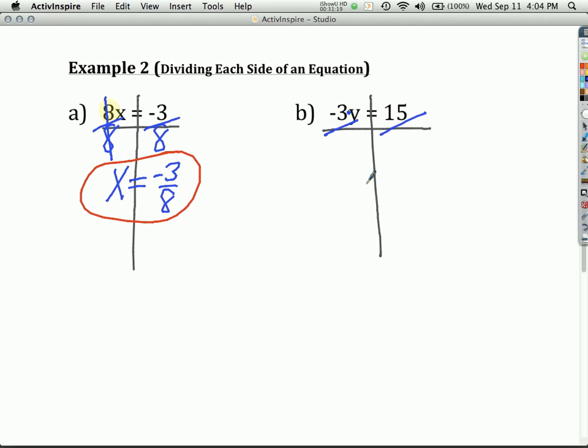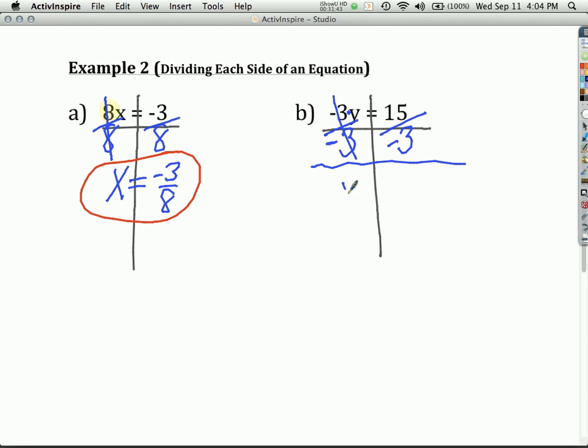I want to inverse that, so I want to divide by negative 3. Don't divide by positive 3, because then, do negative 3 and 3 cancel each other out? No, the only thing that will cancel this out is a negative 3. So you have to divide both sides by negative 3.